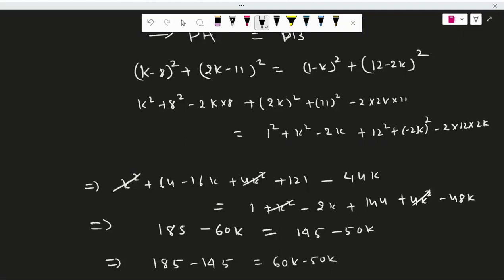Question number 8: triangle ABC, vertices are given, show that ABC is isosceles and find the area of the triangle. It's quite easy. We already did two questions of such type. We need to find the lengths of AB, BC, and AC. Any two sides will become equal, then we can say it is isosceles.